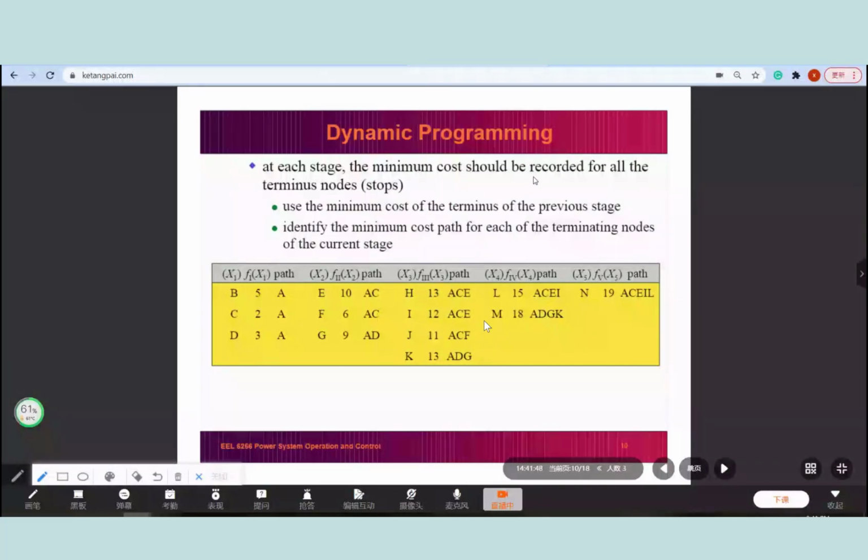So at each stage, the minimum cost should be recorded for all the terminal nodes. I have already conducted these steps for you. You travel from A to B, the cost is 5, A to C will be 2, and A to D will be 3. And you continue for the second stage.